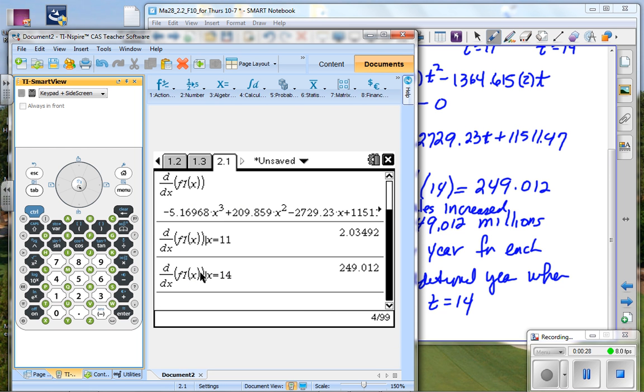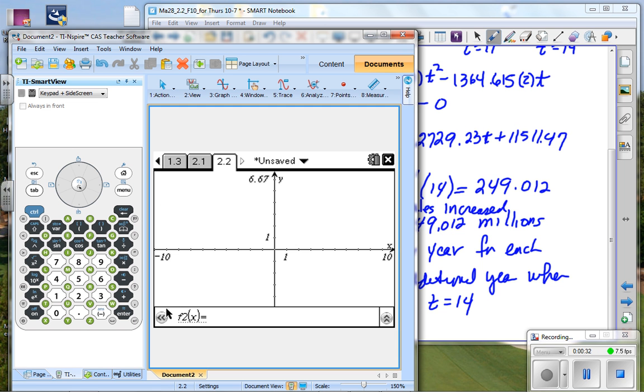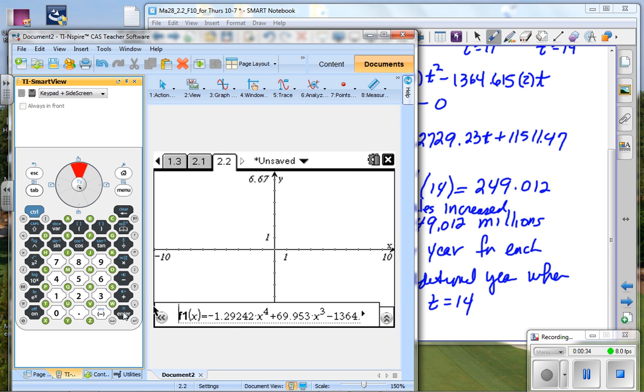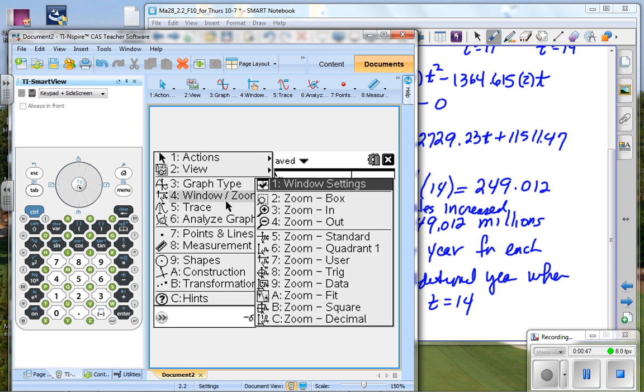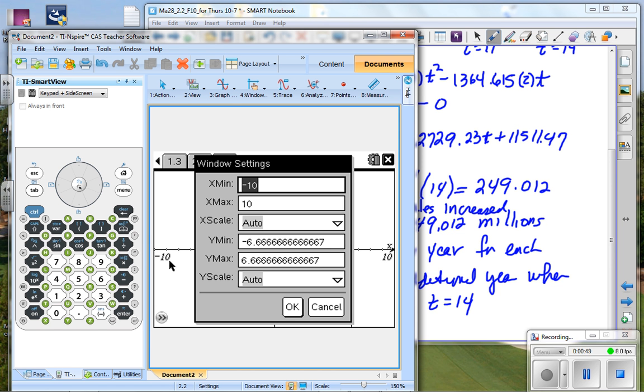So now that we've defined the function, let's go in and pick up a graph page and let's take a look at the function. It doesn't look like a lot, but we're going to change the window so we can see the actual function. Let's look at a window setting that will fairly show everything that we need to know.